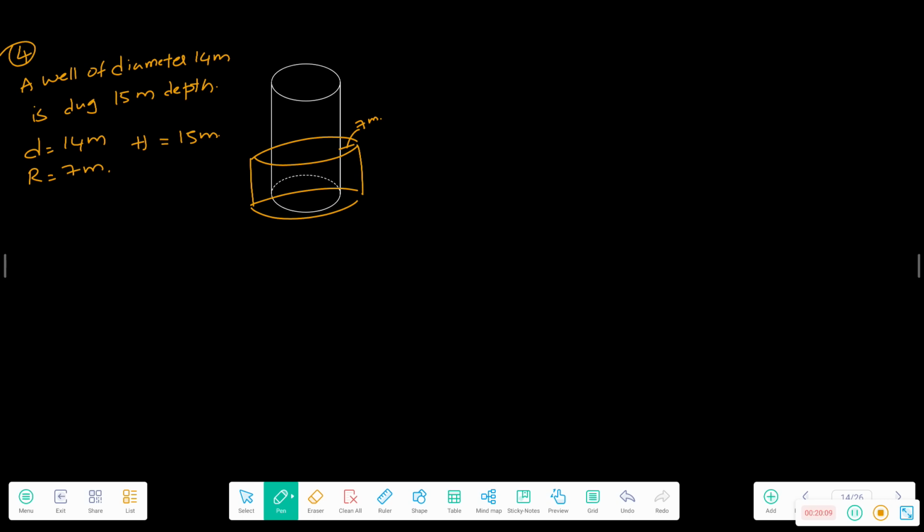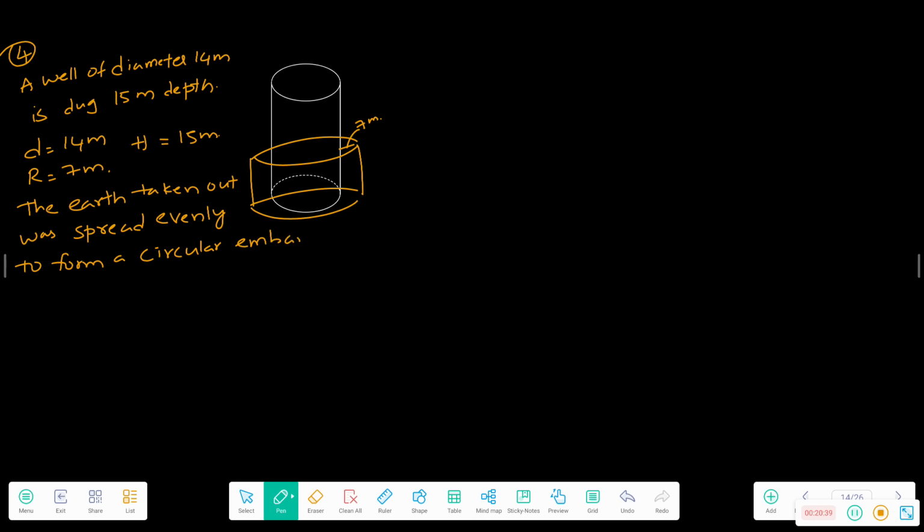Now the earth taken out was spread evenly to form a circular embankment of width 7 meter. So the embankment width is 7 meter.